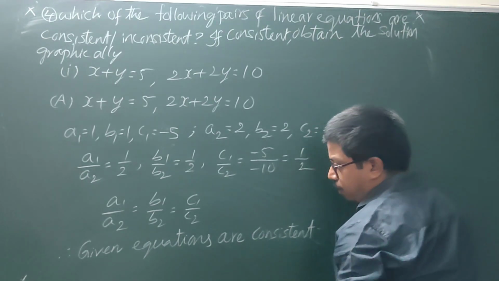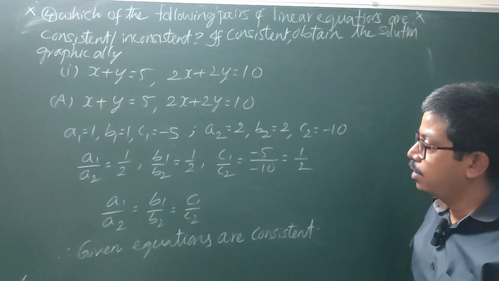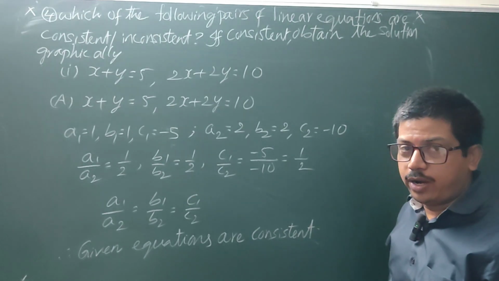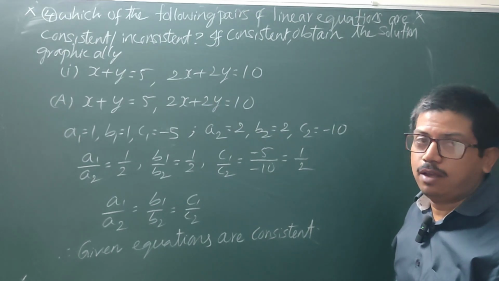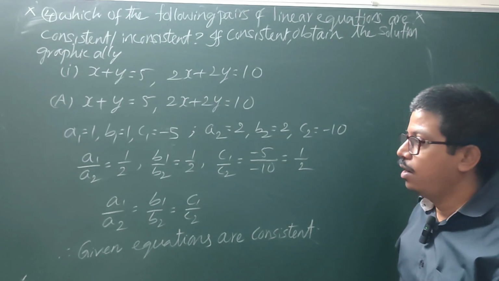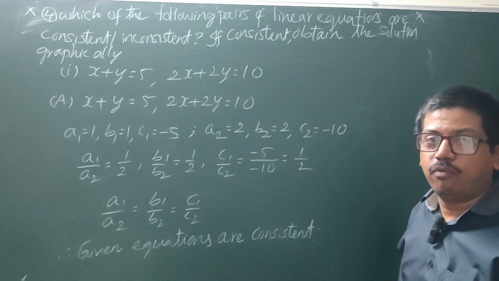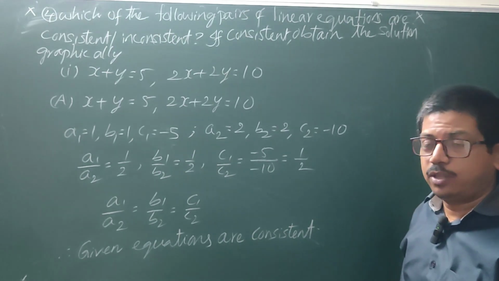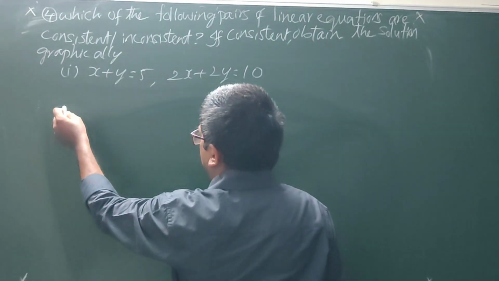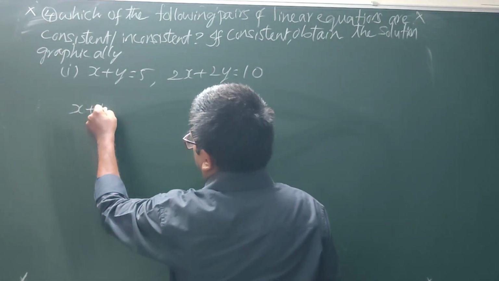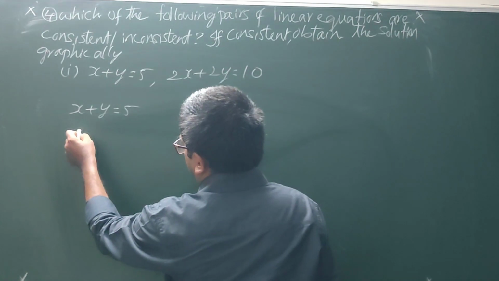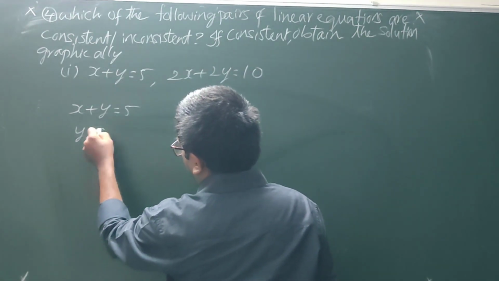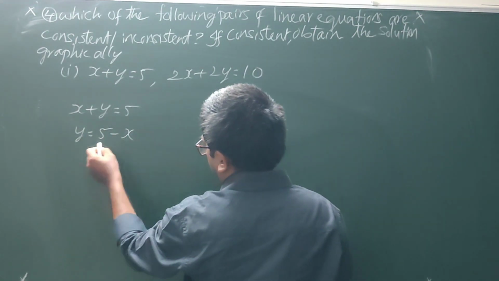Now we have to obtain the coordinates through which these two equations are passing on a graph, and find the solutions. x plus y equal to 5, so y equal to 5 minus x.